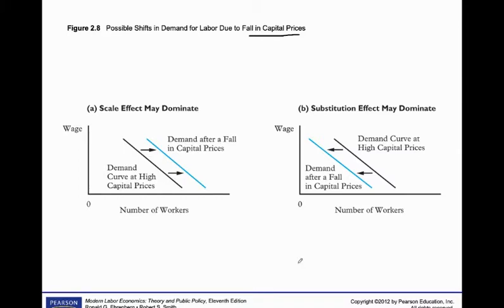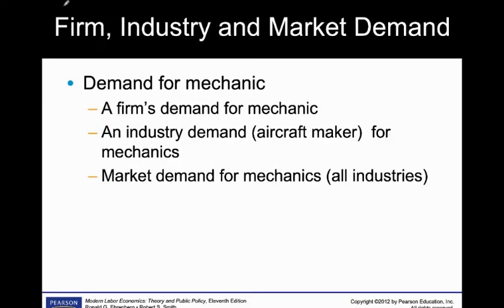Before I move to the next discussion, that is on the supply of labor, I want to bring your attention to this discussion. That is to understand the concept of demand for workers at various levels. Let's focus on these 3 levels of demand for labor. Let's say you have a firm that provides services to repair aircraft.